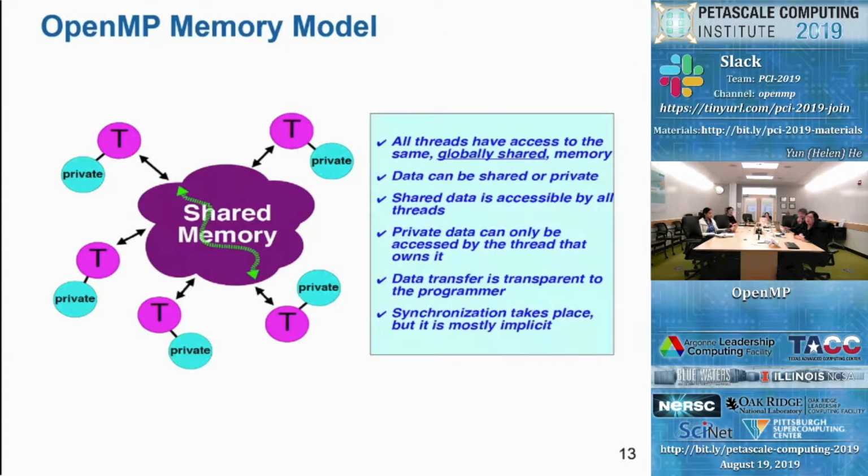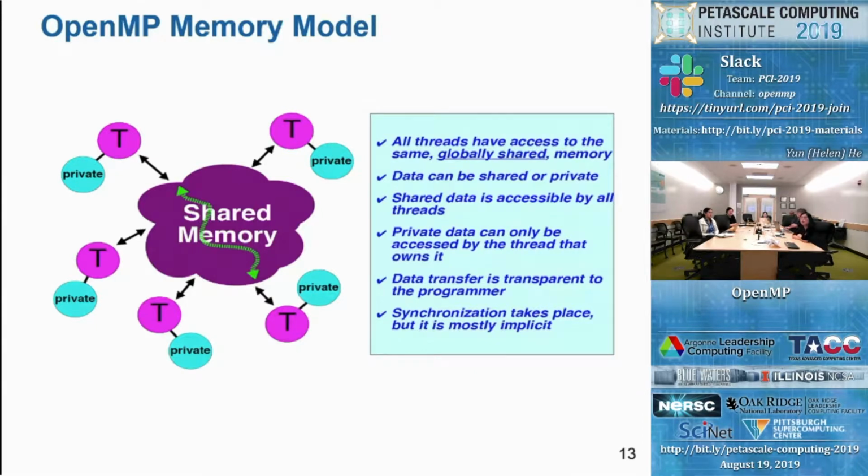For the memory model, all the threads have access to a global shared memory, and each thread also has a local private memory with its own private variables. Those private variables are only accessible to each thread, not to other threads, and threads write to their shared variables in the shared memory.